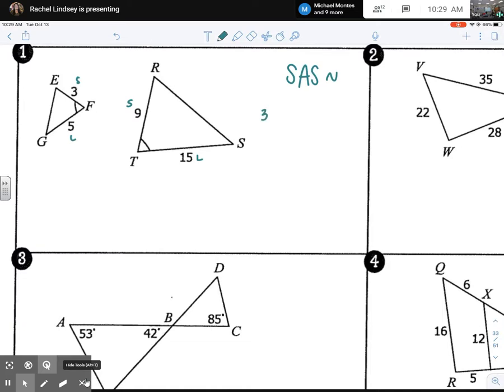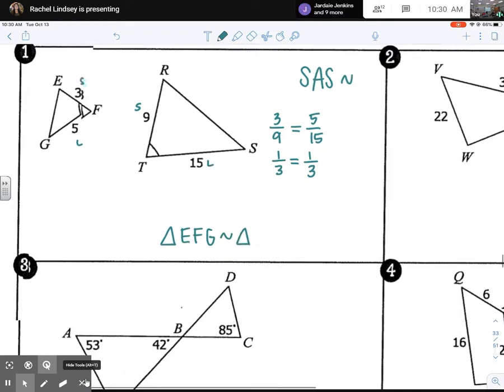So 3 over 9 should equal 5 over 15. 3 over 9 reduces to 1/3. 5 over 15 reduces to 1/3. And then I want you to write a triangle similarity statement with that.